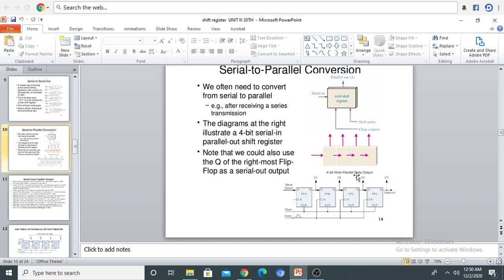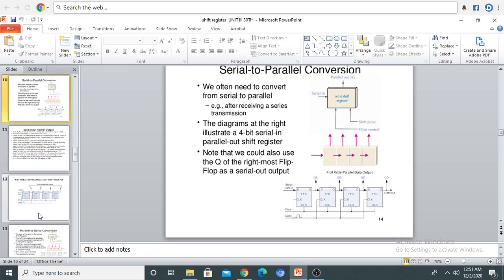So you will get 1, 1, 0, 0. In this way, serial data will be converted into parallel. So on the fourth clock pulse, you will get the data 1, 0, 1, 1. So this is the serial in, parallel out shift register's working.